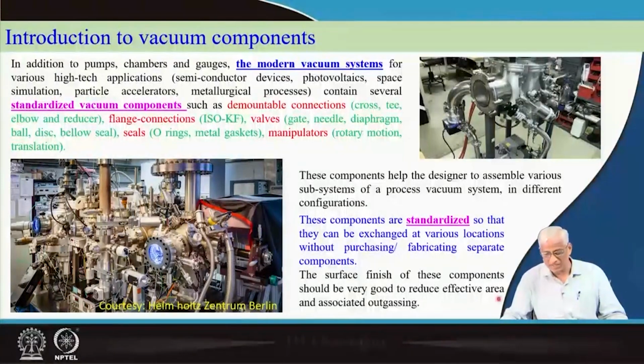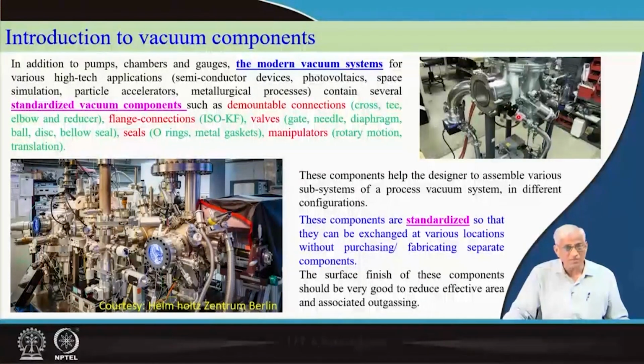You can see those things here, several components with different shapes, different diameters, and they are coupled with various user friendly components, valves, L's, T's, chambers and gauges, manipulators. Here you will see so many small components.